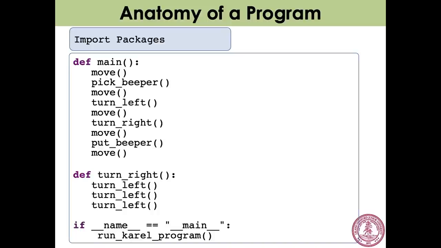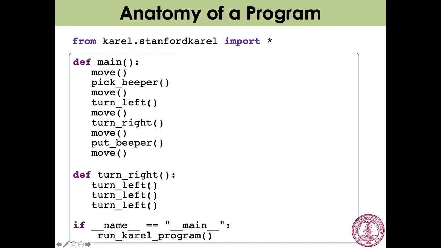Another thing that I want to mention is imports. If you want to use something like Karel, or if you want to use a math library, whatever you want to be building on top of when you're writing your Python program, you import. And import is a fancy way of saying, I want you to go and grab all the code related to Karel and bring it over here so that I can build on top of Karel.